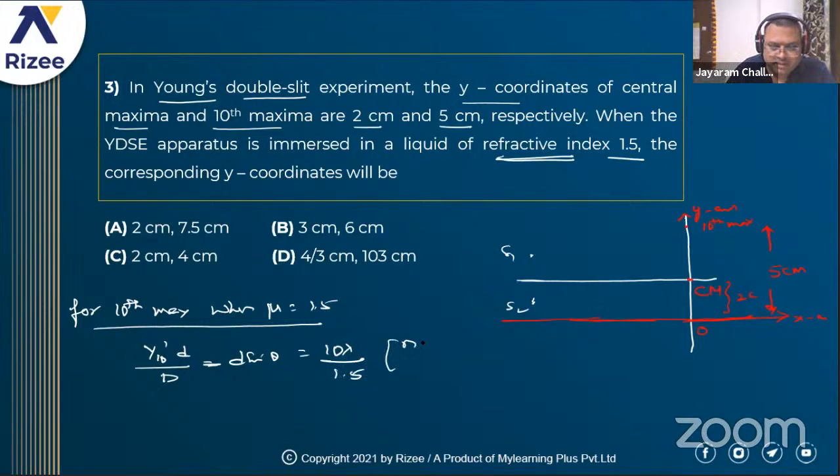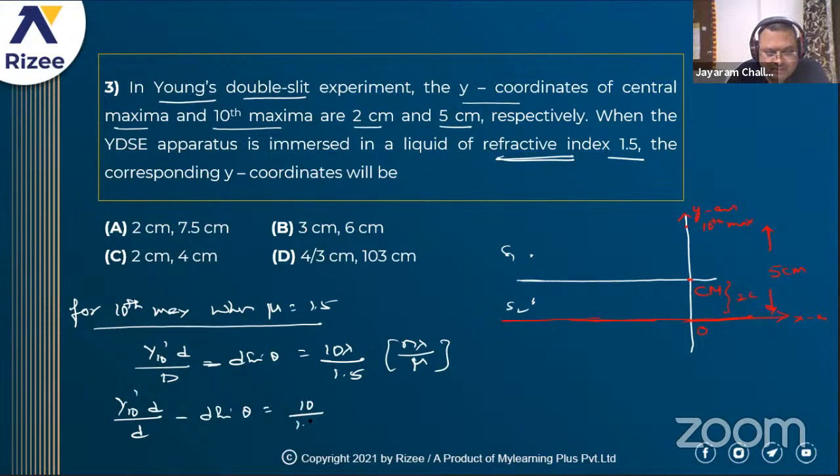This is nothing but n lambda by mu because it is immersed in a refractive index medium. So this can be solved as y of 10 dash into small d by capital D minus d sine theta is equal to 10 by 1.5, and your lambda value is going to be 3 into small d by 10.